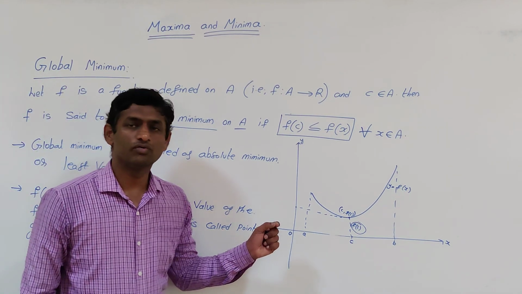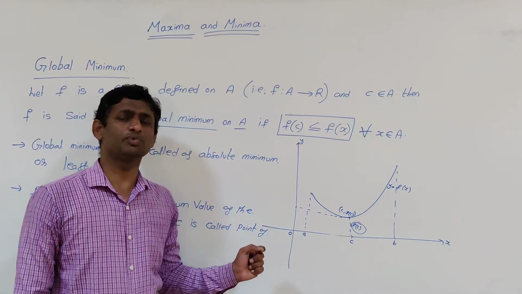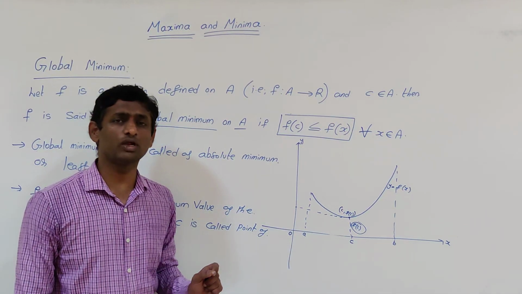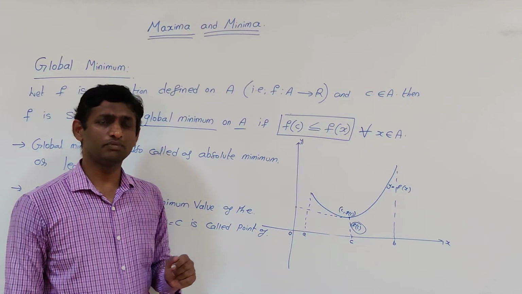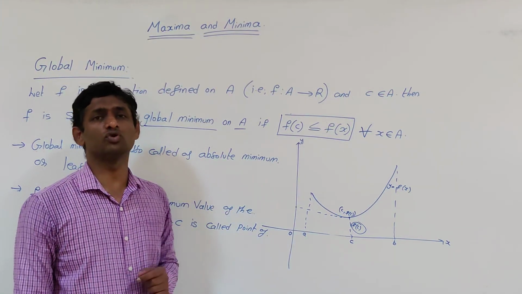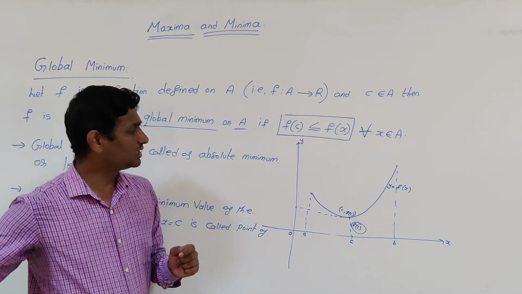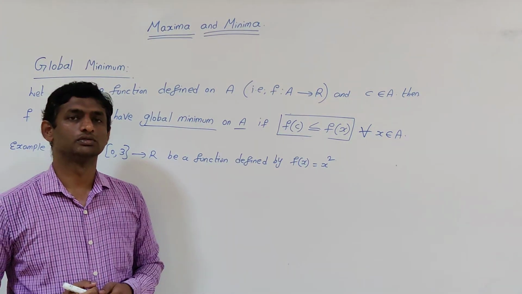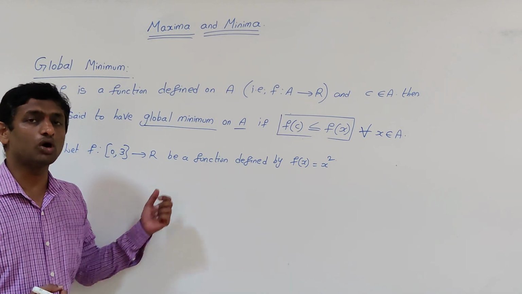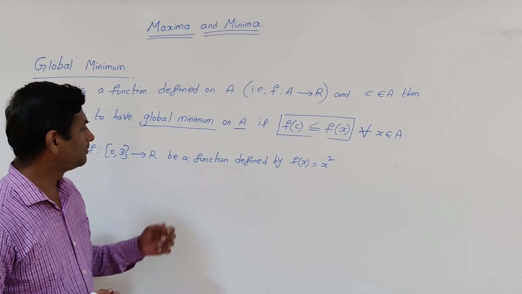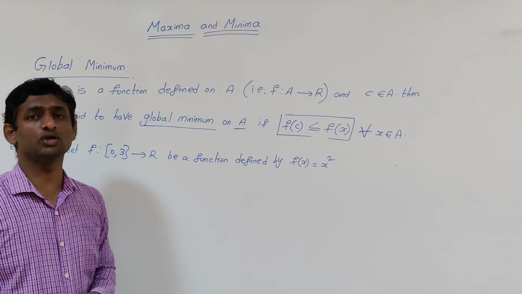So now we'll take the same example of f(x) is equal to x square defined on the closed interval 0 to 3, as we have taken for the previous definition of global maximum. So we'll see the example. The example is f is a mapping from the closed interval [0, 3] to R defined by the function f(x) is equal to x square.